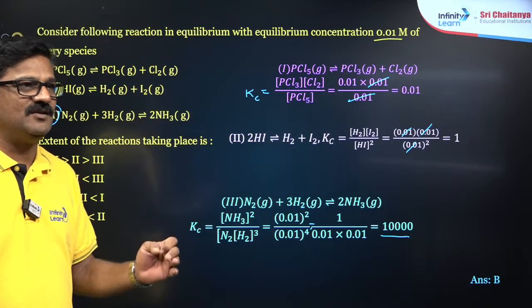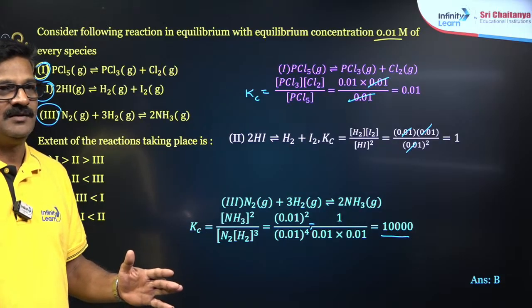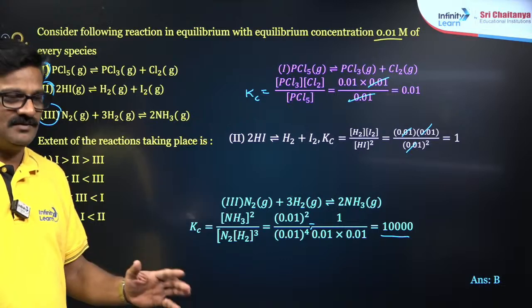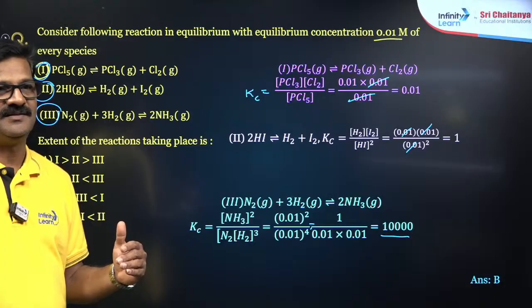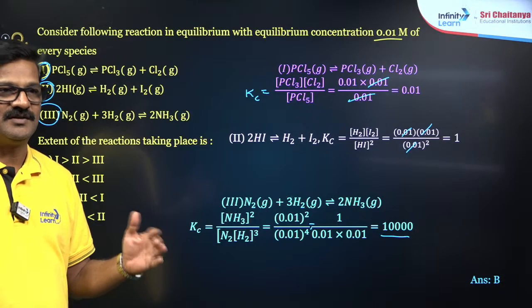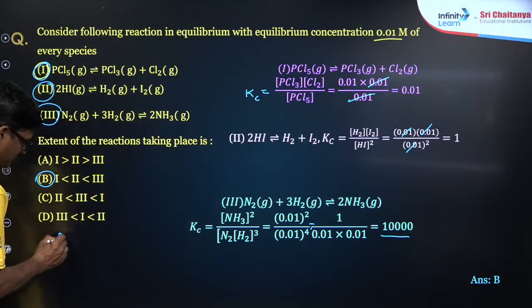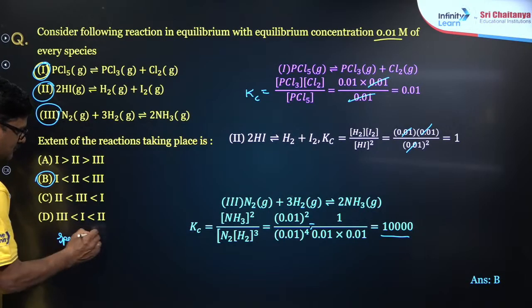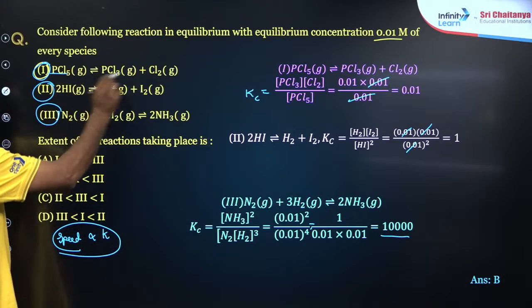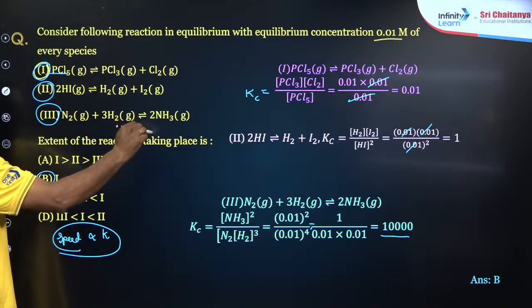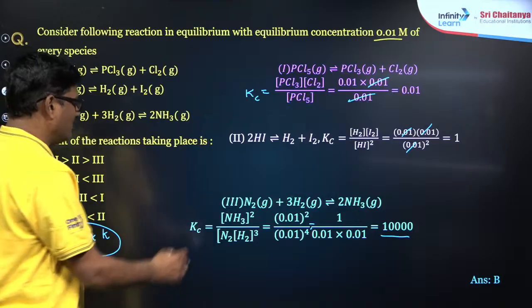The Kc value can give you information about the extent of reaction. The reaction with higher Kc value is going to proceed faster. You understand? The speed of reaction depends on the value of K. So this reaction's Kc value is calculated, and this one and this one.